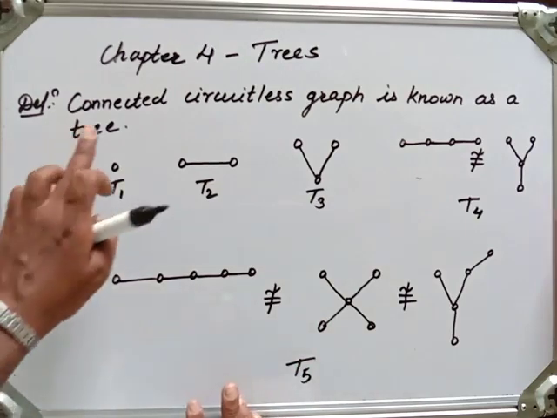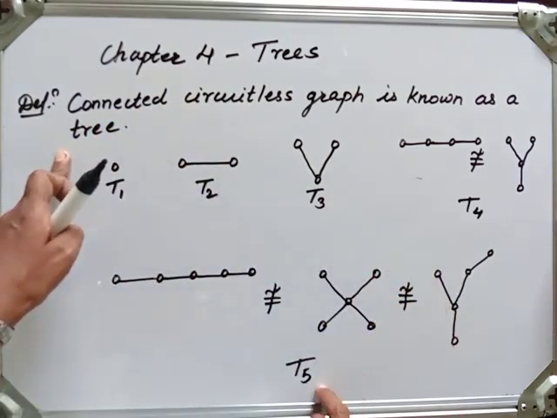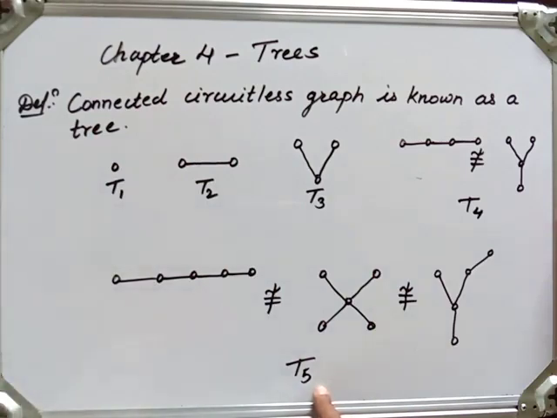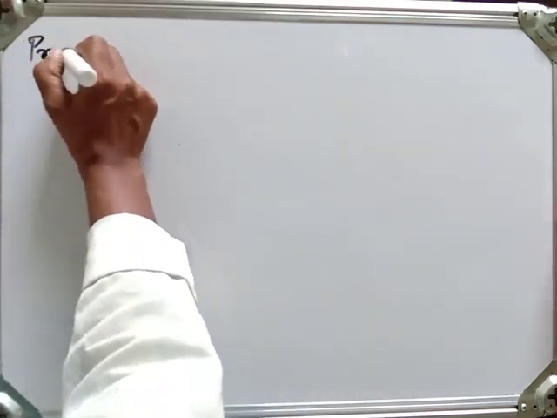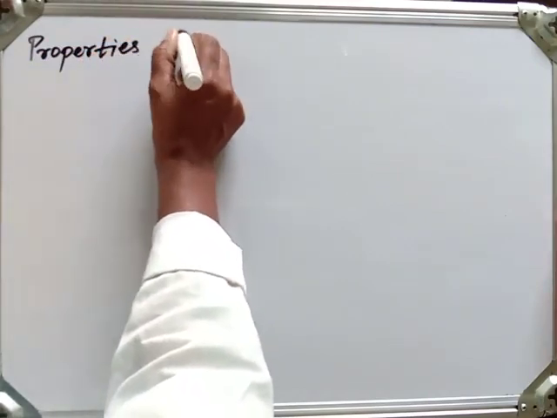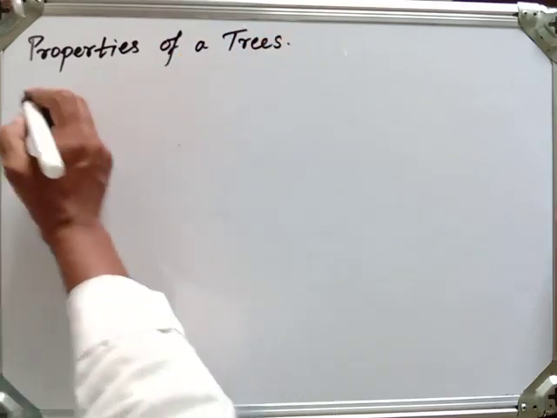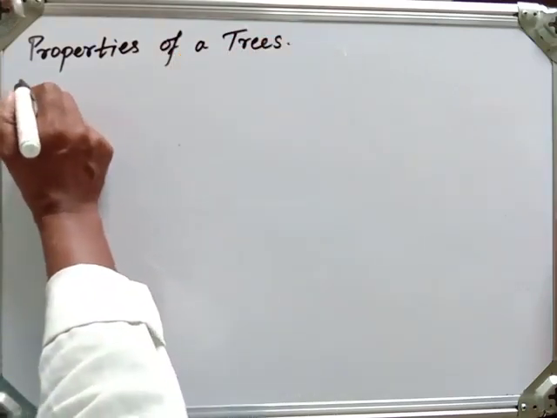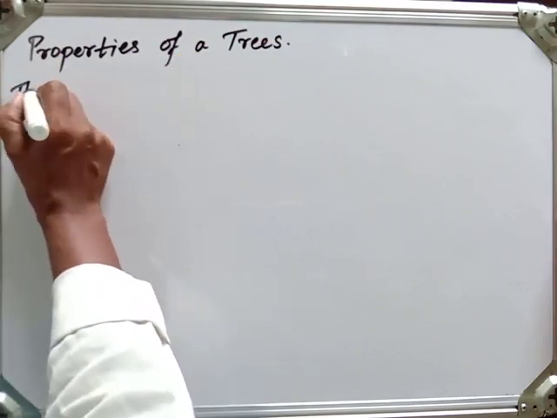A simple thing, remember: a connected, circuitless graph is a tree. These are small examples I had given here. Now we will see properties of trees with proofs. The first property, or let me write it as a theorem, I won't give numbers to them.